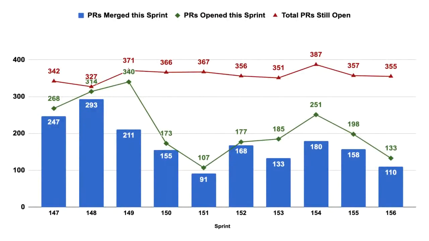So this sprint, we had a drop in the number of both pull requests merged and opened. There are some members of the team who are getting reassigned to other projects, and that probably accounts for some of the drop-off here.